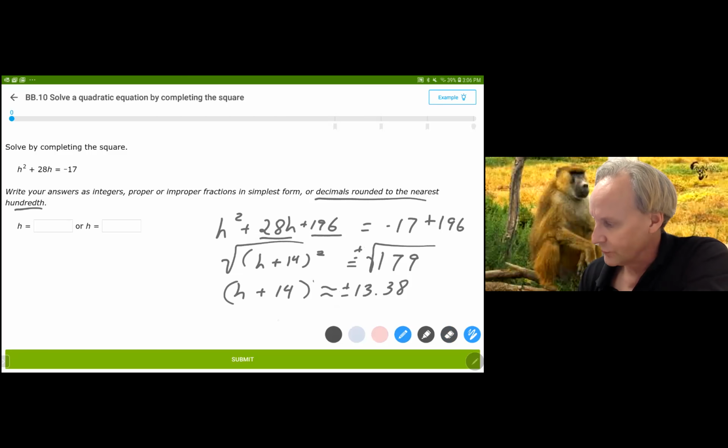And when I subtract 14 from both sides, I will get two answers. I'll get h is equal to approximately 13.38 minus 14, which is going to be negative 0.62. And if I subtract that one, I get negative 27.38.